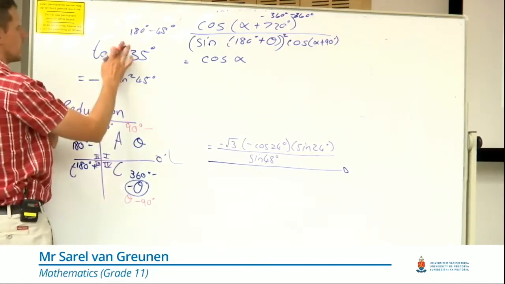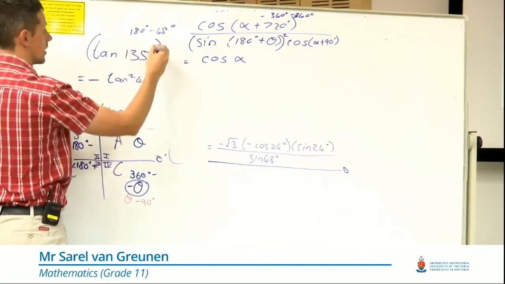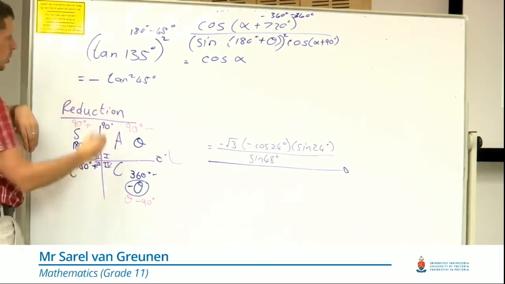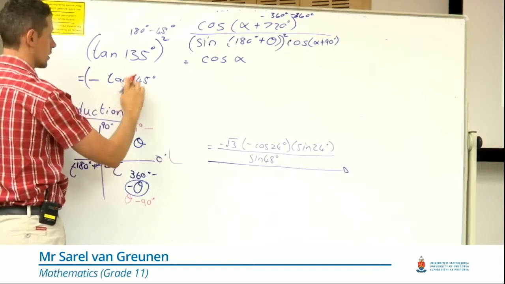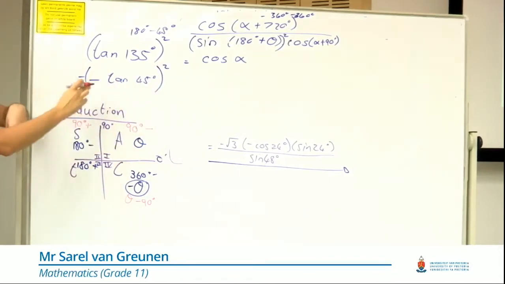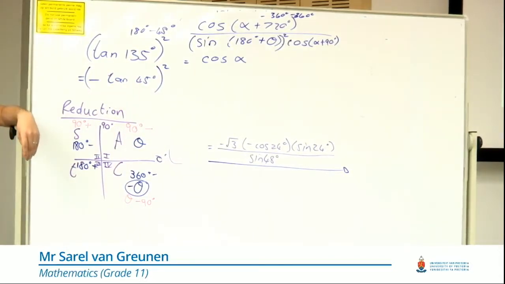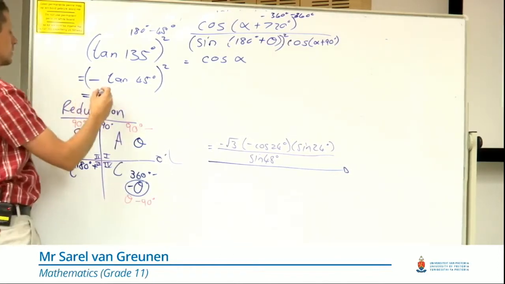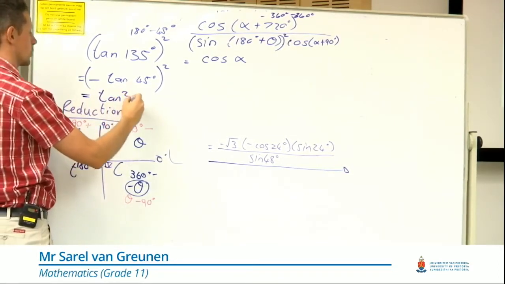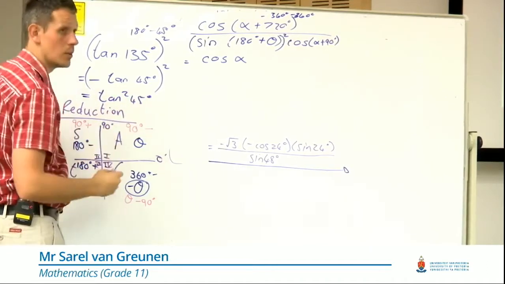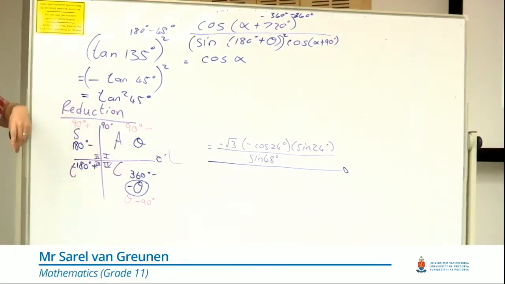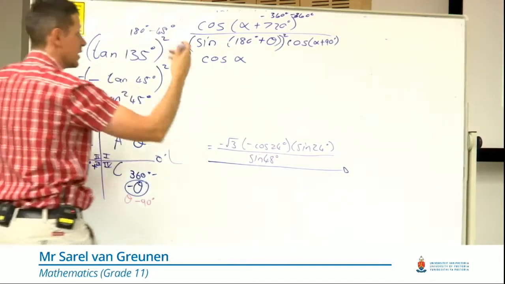Because that square actually counts for all, including the negative. So it's actually positive tan squared 45, or just tan squared 45. Be careful of squares, cubes, fourth powers, all of those, because we need to move it outside.